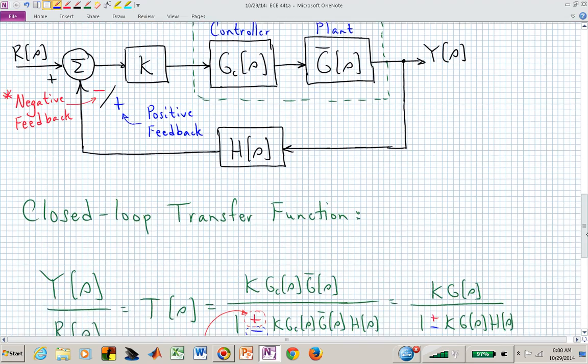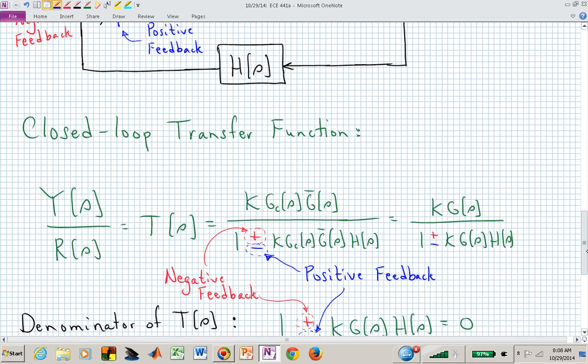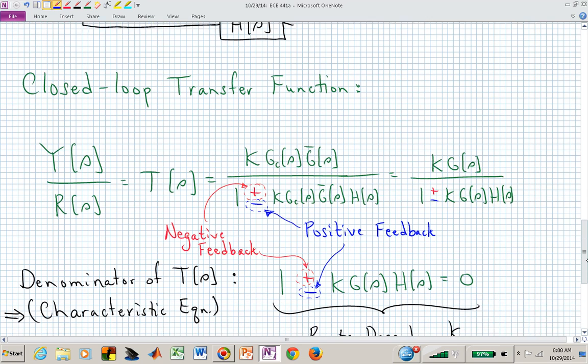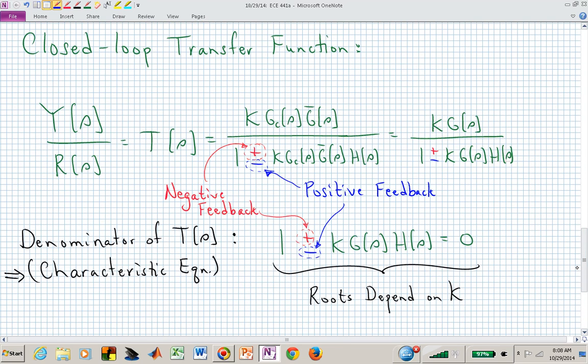If we have a negative feedback system or a positive feedback system, we can produce this closed loop transfer function, KG over 1 plus KGH, and I've tried to color code this. If you have negative feedback, that's 1 plus KGH. If you actually had positive feedback, you would have a 1 minus KGH in the denominator.